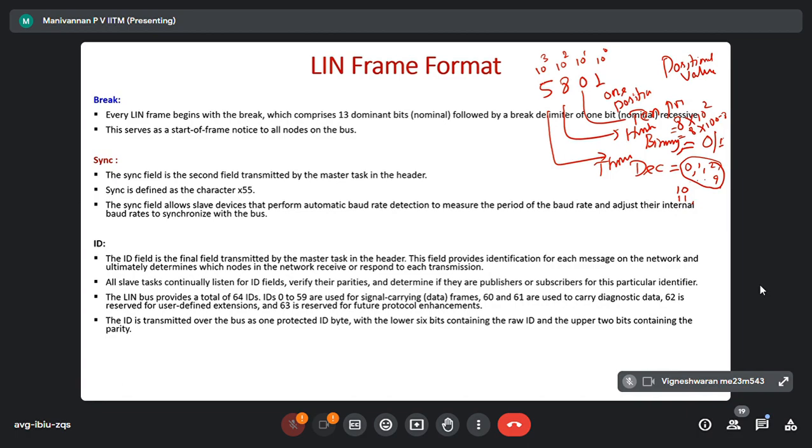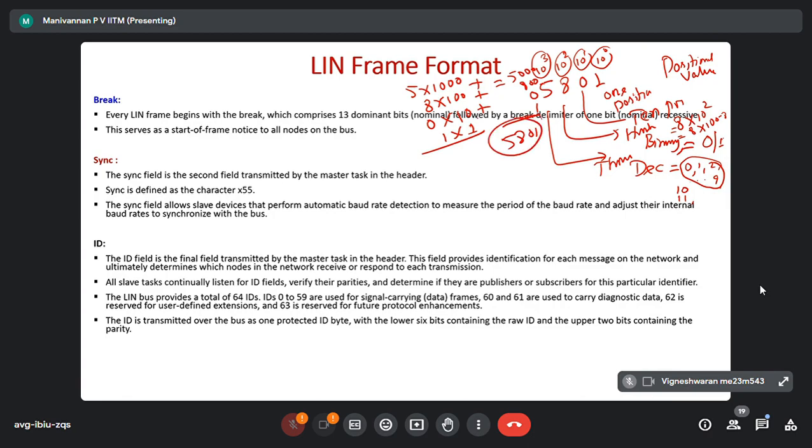Each digit is multiplied by its positional value. The digit 0 is multiplied by 10 power 0. So how will you find the total number? 5 into 1000 plus 8 into 100 plus 0 into 10 plus 1 into 1. Total is 5800 plus 0 plus 1, that is 5801.